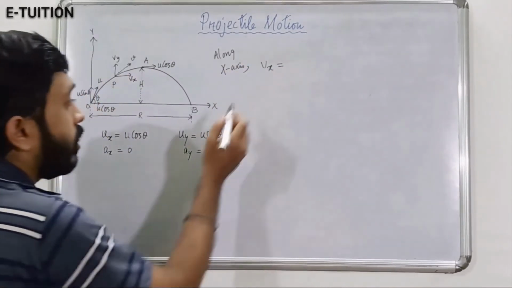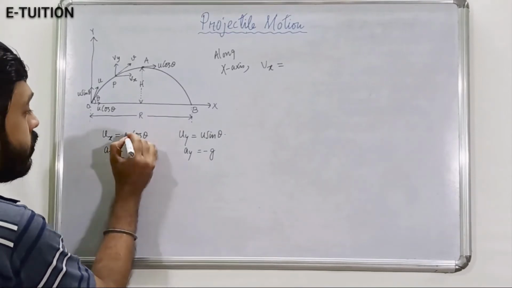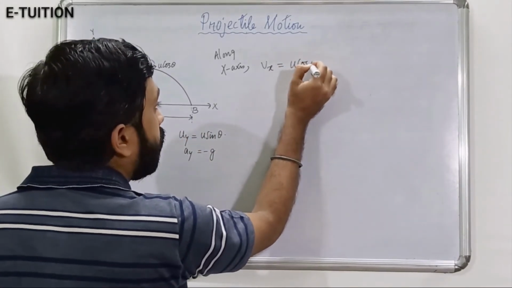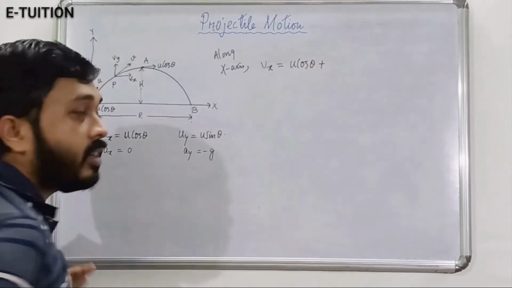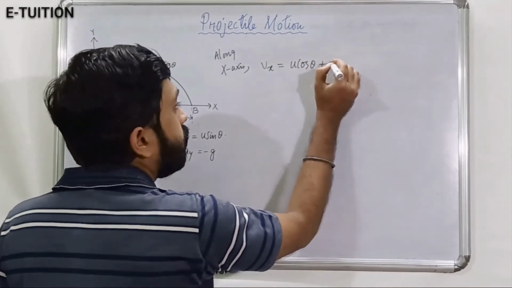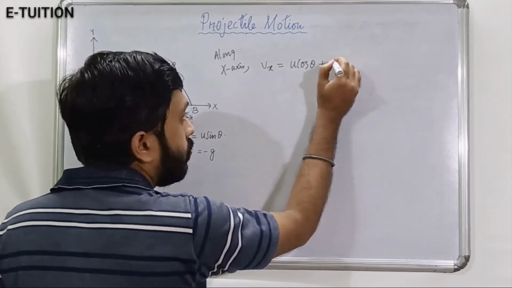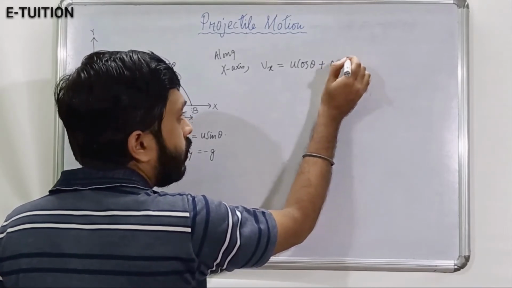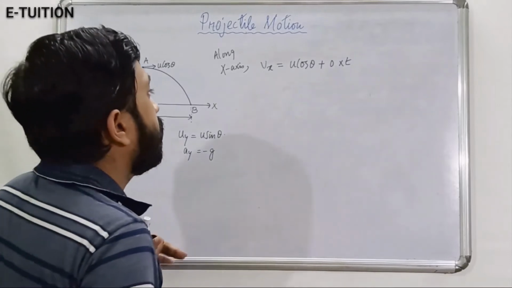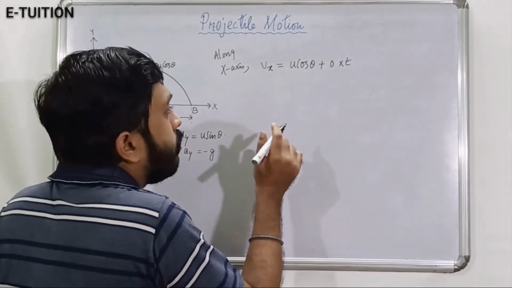How much was the initial component of the velocity? Ux was u cos theta, plus at. How much is the acceleration along the x-axis? 0, into t. So vx is equal to u cos theta.